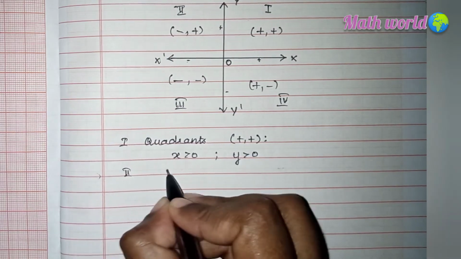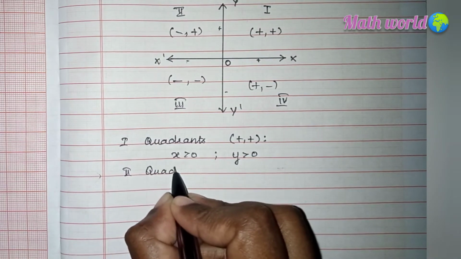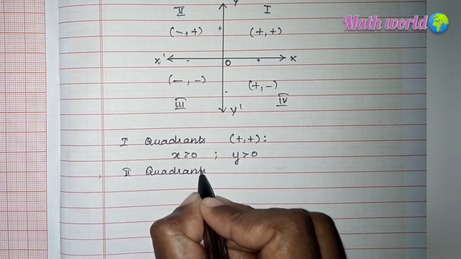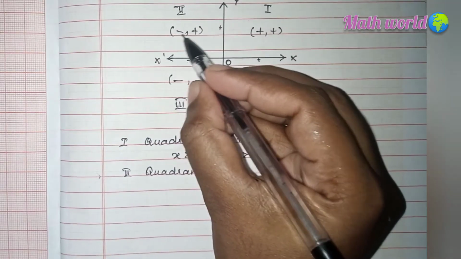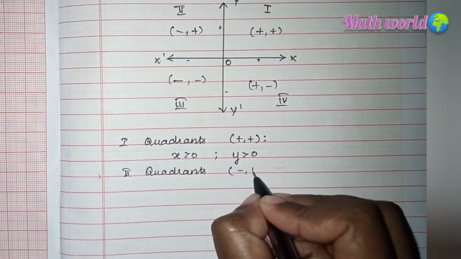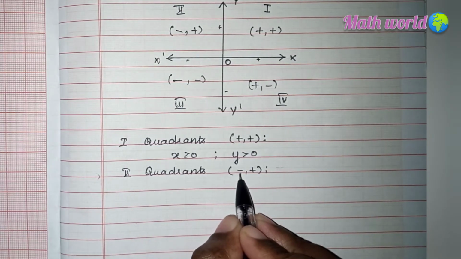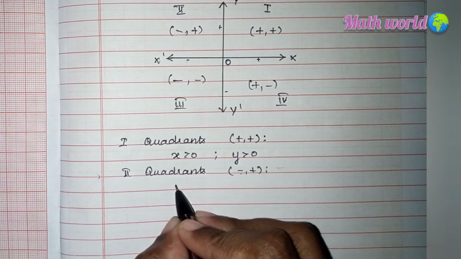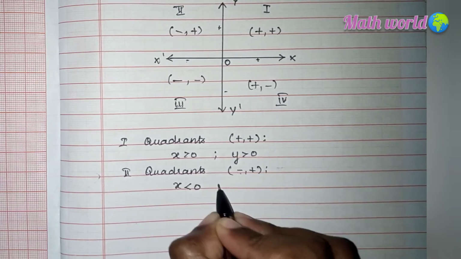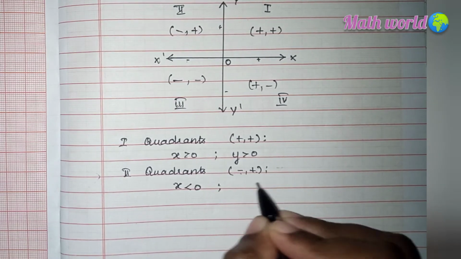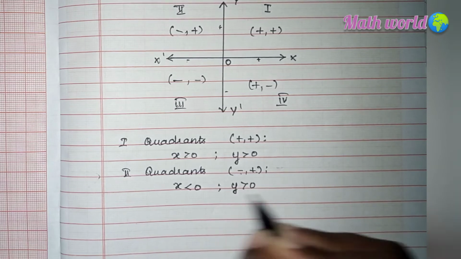Suppose I take the second quadrant. The point must be negative and positive, minus plus. So x value is always negative, so I can say x is less than 0, but y is positive, so y is greater than 0.